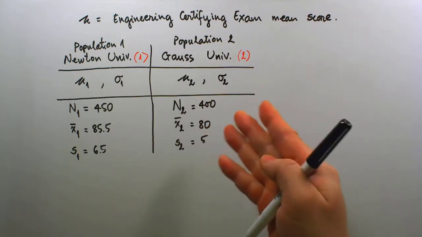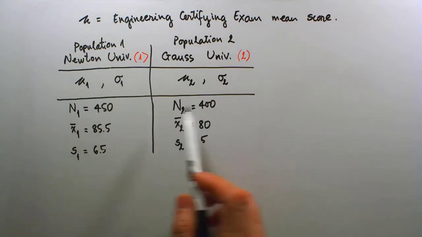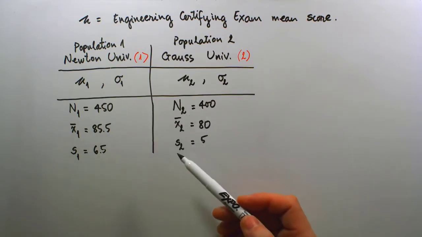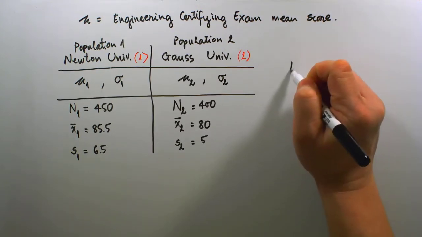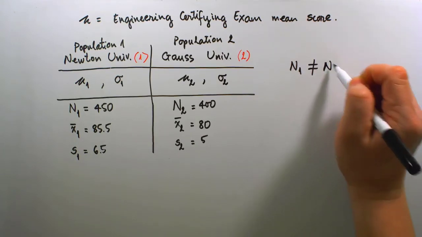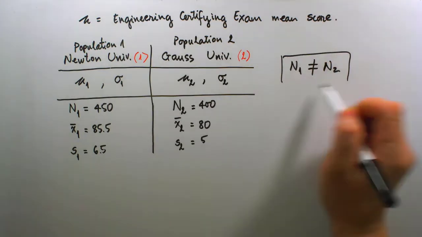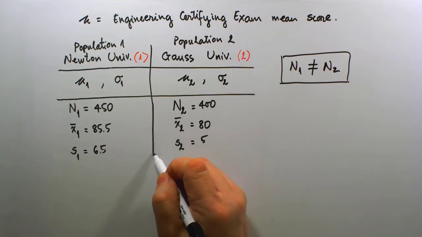That could be one reason for leading to 2 different sample sizes for 2 independent samples here. And again, we are doing a problem where the samples are independent. And so here, N1, in this case, is clearly not equal to N2. And that's obviously being shown in this particular problem here.